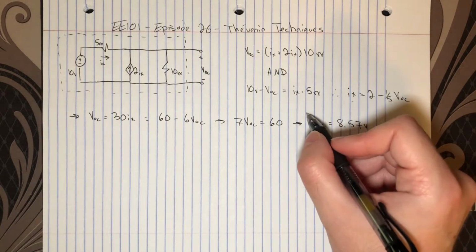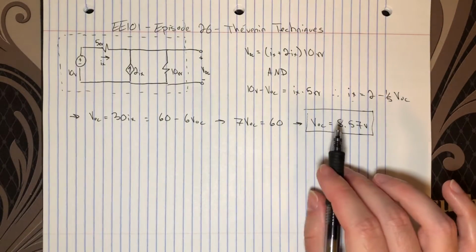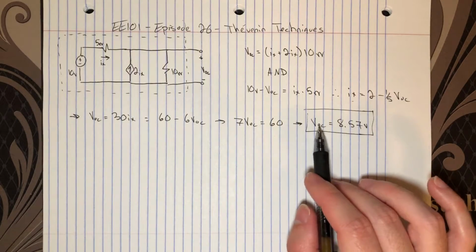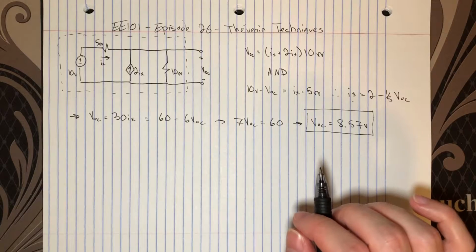And this is our open circuit voltage right here. So this is half of our solution in finding our model, because V open circuit is also V Thévenin, and now I just need a Thévenin resistance, and our model will be complete.